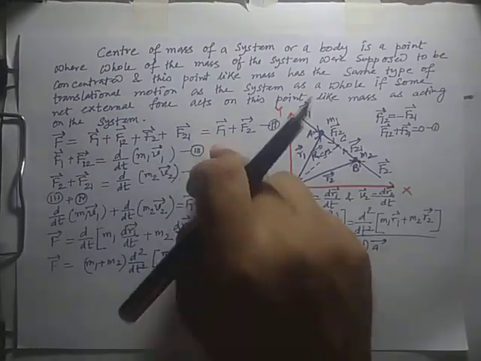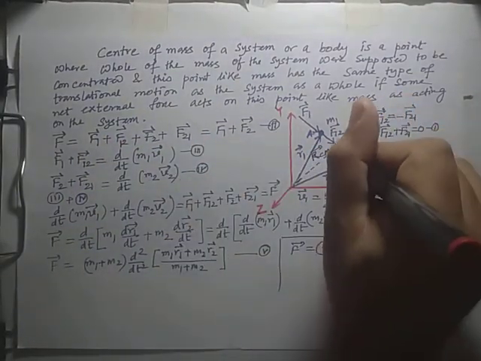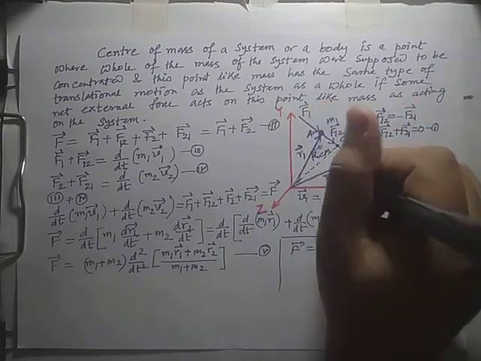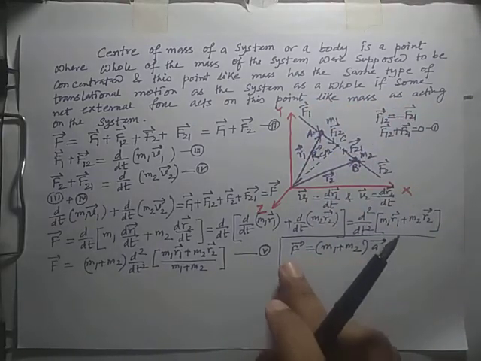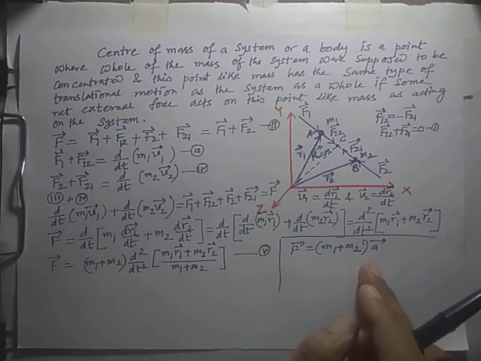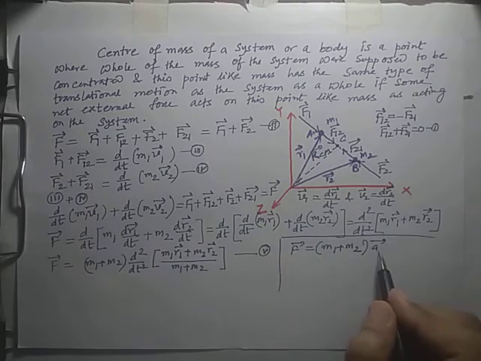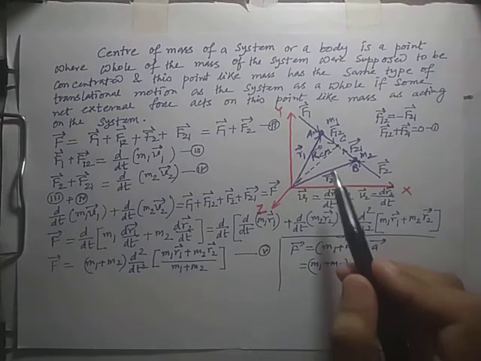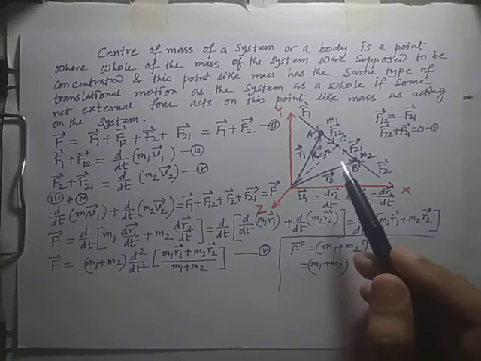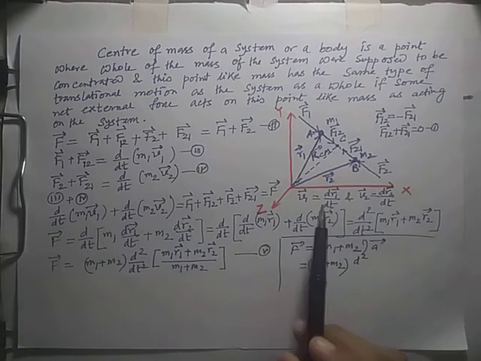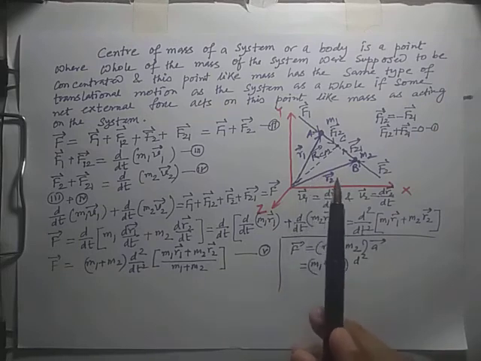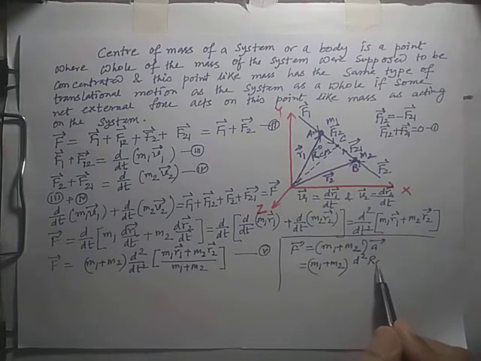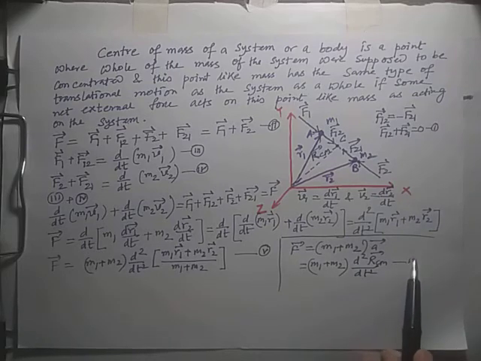So this we found separately, and we are considering the center of mass is located in this particular point for these two particle system. Now instead of A we can write m1 plus m2 into the double differential of this position vector, since single differential gives the velocity and double differential gives the acceleration. So d2 RCM vector by dt square. That is equation number 6.